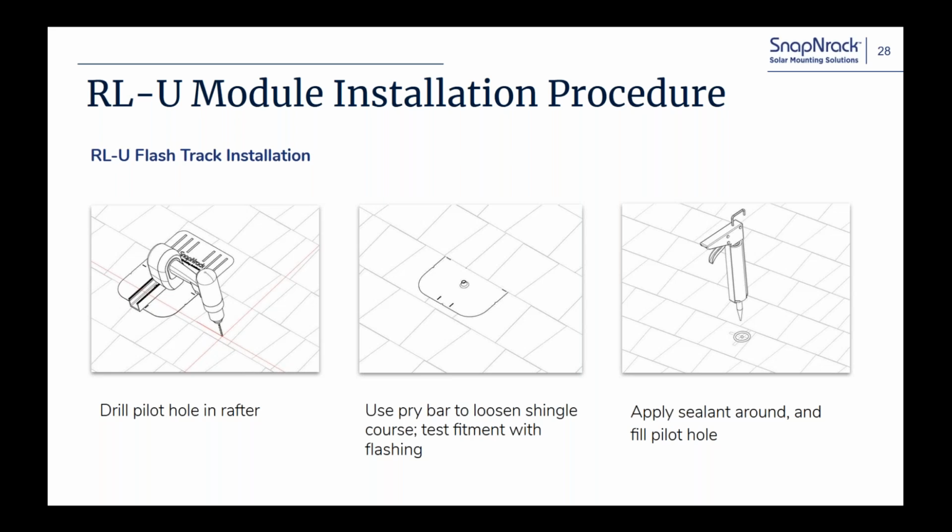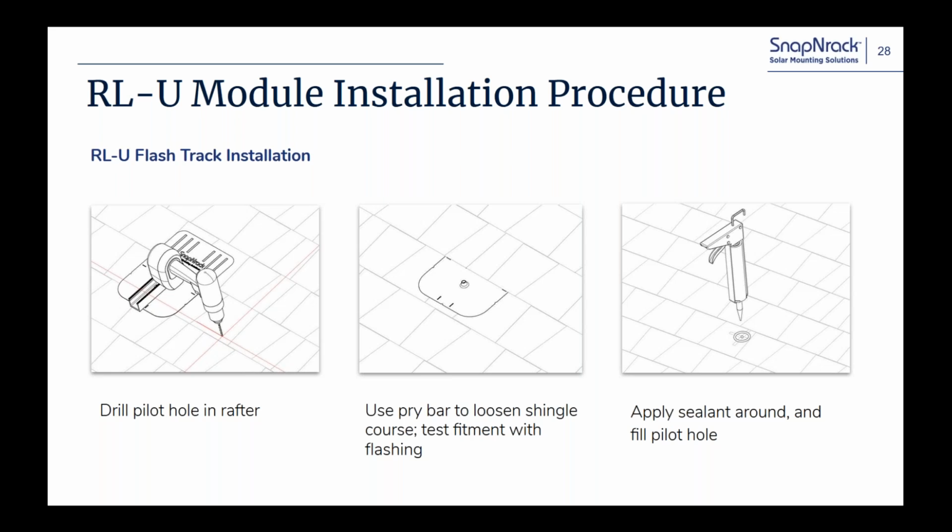It just helps understand where to place the flashing and the flash track and all that stuff, what course of composition to choose. That kind of gets back to the support that we offer, getting out in the field and helping the crews get up to speed as quick as possible with training from SnapNrack. But we'll assume you've done your layout, you've got your rafters marked, and you're ready to go.